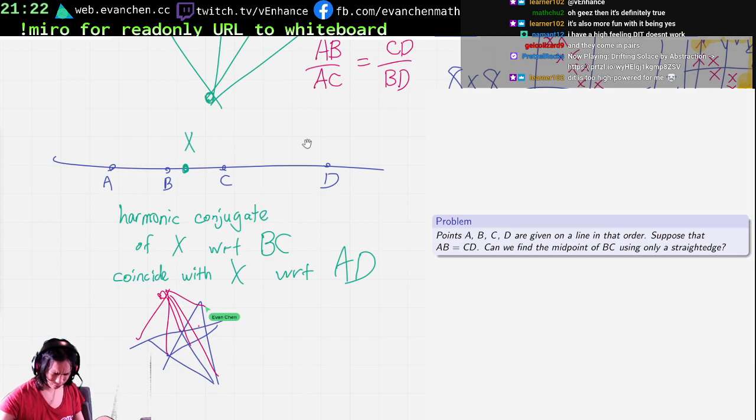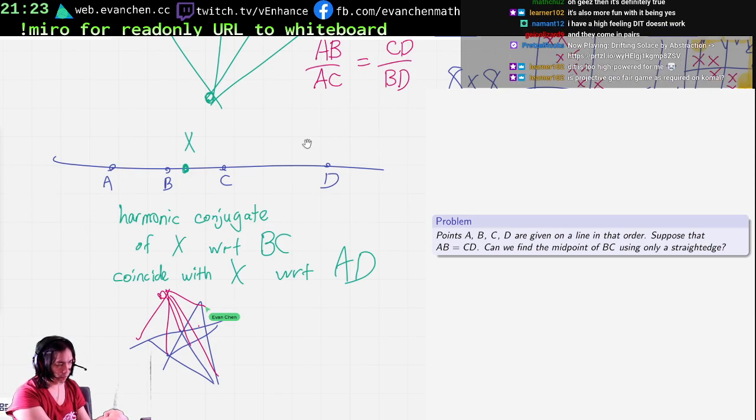I don't know if this helps me. What do I want? So I can generate 6 points in involution. This doesn't help me unless I can also use that too.